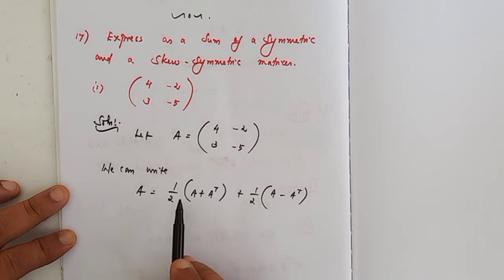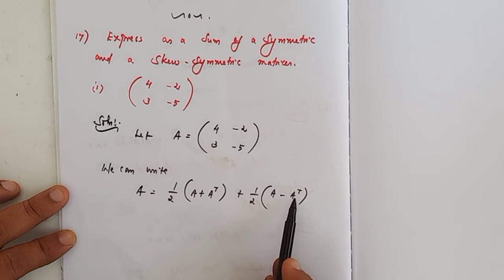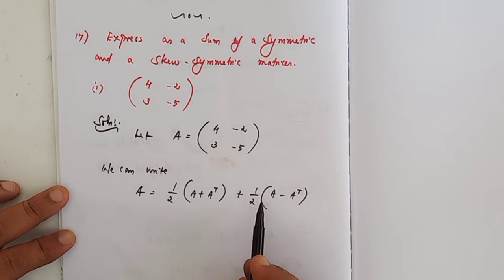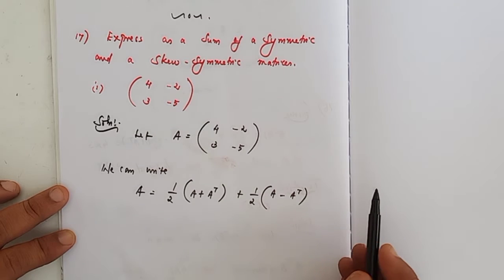Because if I take half as common, inside the brackets you will be writing A plus A transpose, A minus A transpose, correct? Plus A transpose minus A transpose get cancelled, you will be getting A plus A, that is 2A. So half of 2A is equal to A only. So these two are same.